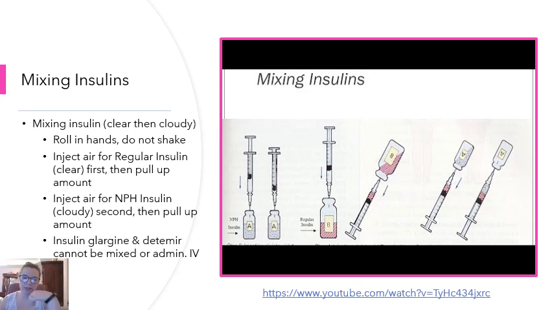So here's where it is mentioned about glargine and detemir cannot be mixed with other insulins and cannot be administered IV. Okay, those are your 2 exceptions. You should know those 2 exceptions. Okay. This is another video about doing that whole process that I just described, again, that you can watch on your own time.